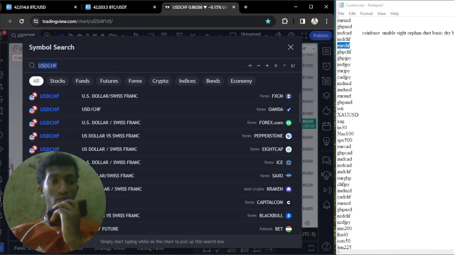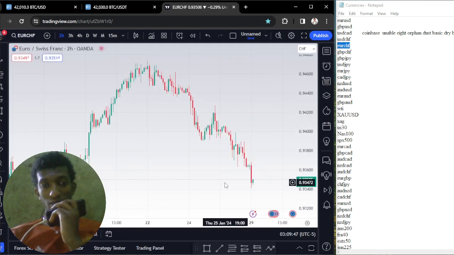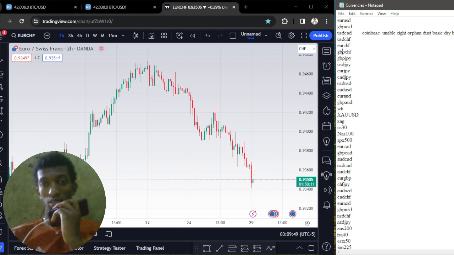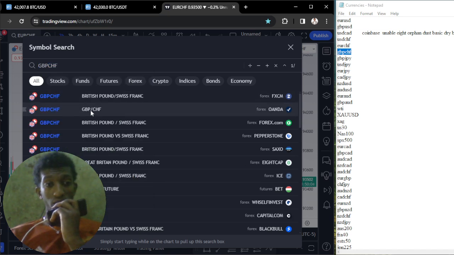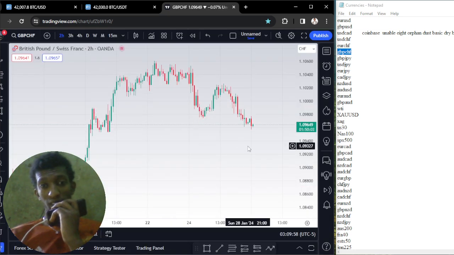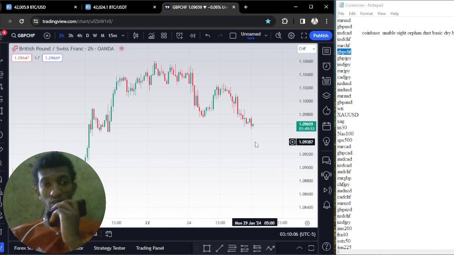On Euro Swiss, no trade at all, as you can see. Pound Swiss, it is the same thing. No trade. So you can see there was something there. There was something here. Here nothing. And here something. There was something there.